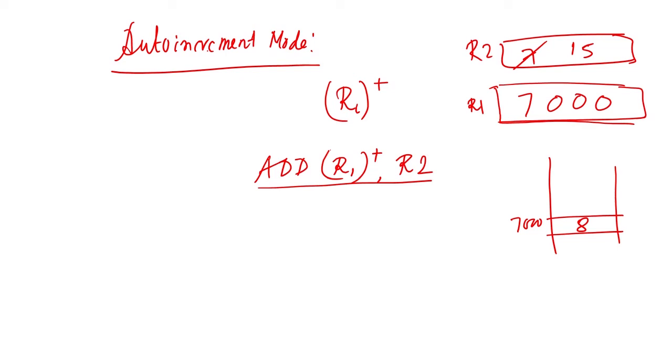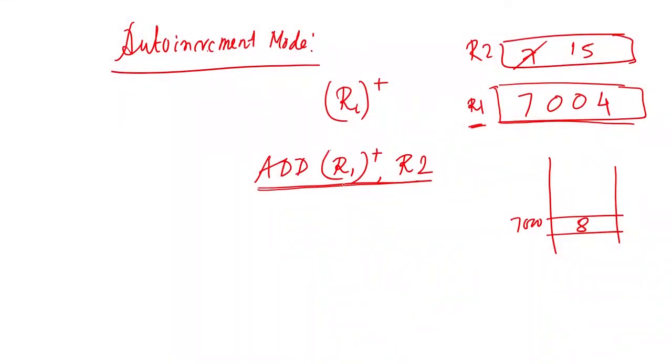And there is another change with R1. R1 will be automatically incremented by the word length. So, the word length is 4 byte. So, it will now point to 7004. Now, again if you add this one, it will add whatever the value is there in that location. So, let us say you have again 10. So, that will be added now.